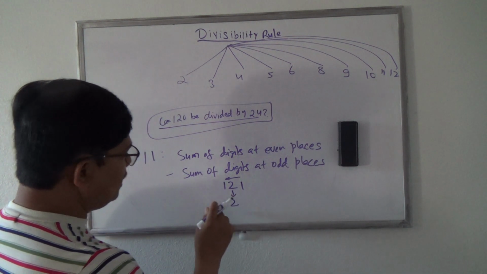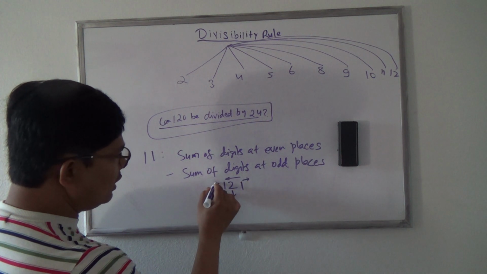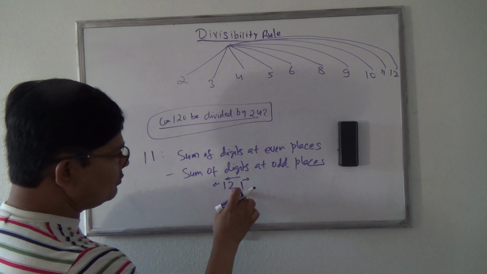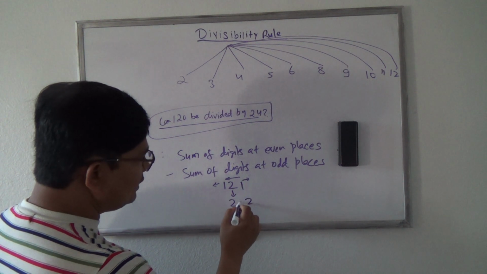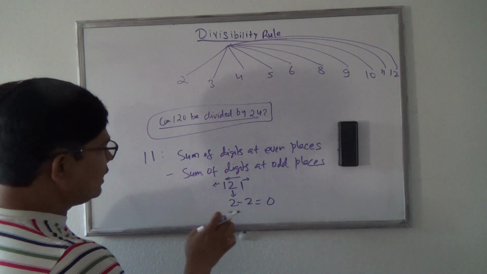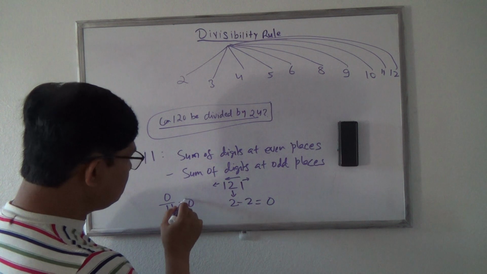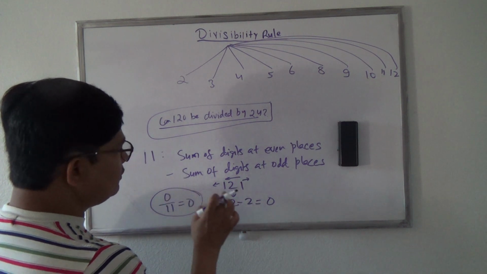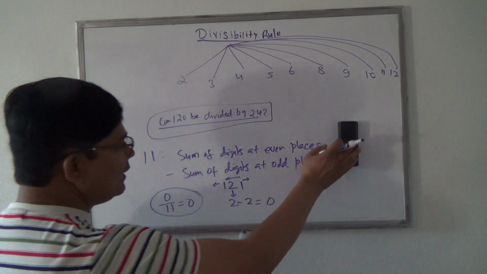So 2, and these two numbers 1 and 1 are at the odd places. So 1 plus 1, 2. What is the difference of 2 and 2? It is 0. 0 can be divided by 11. 0 divided by 11 equals 0. So the given number 121 can also be divided by 11.